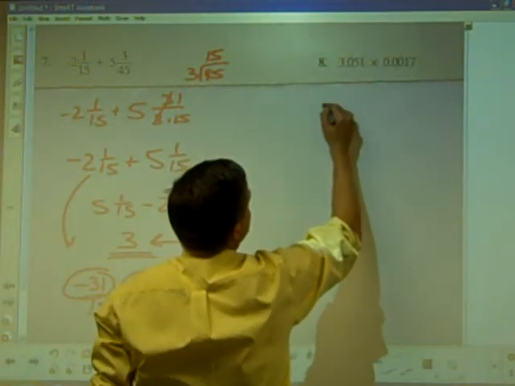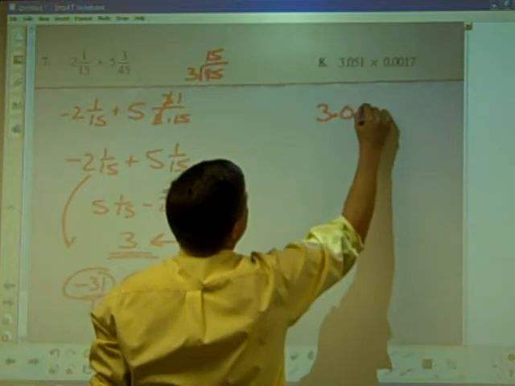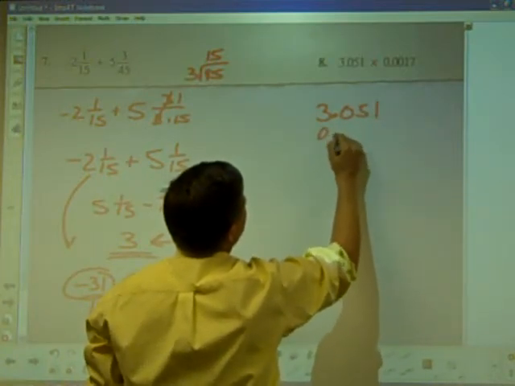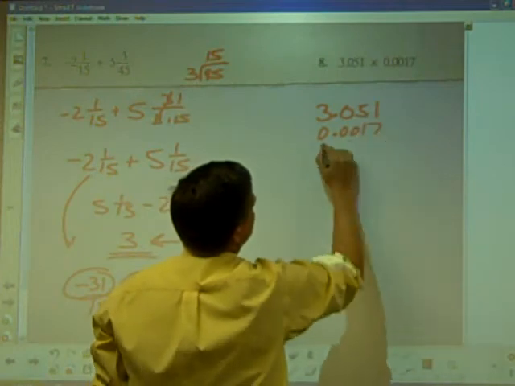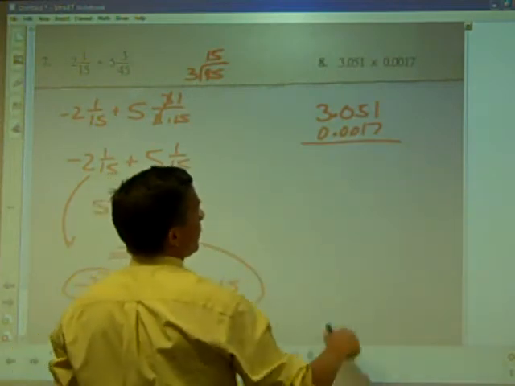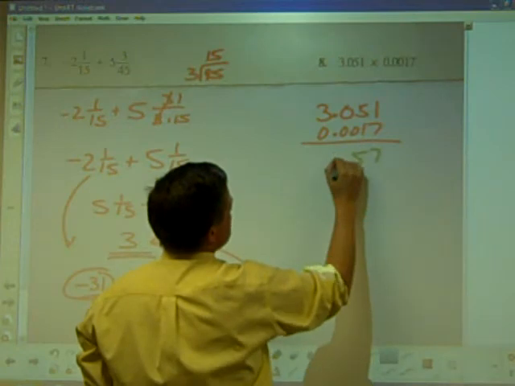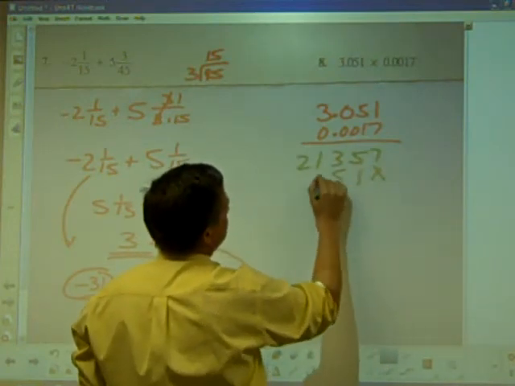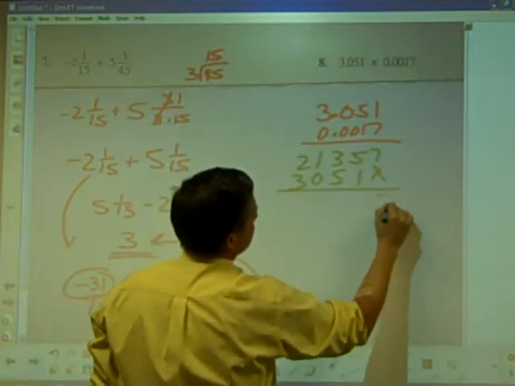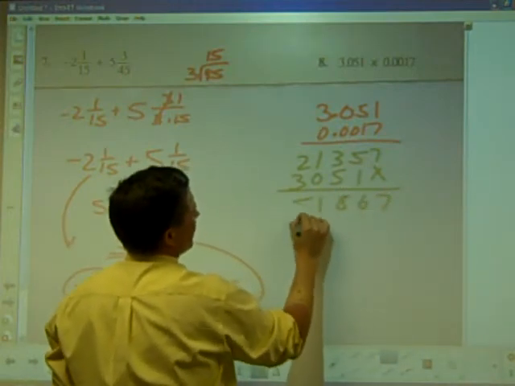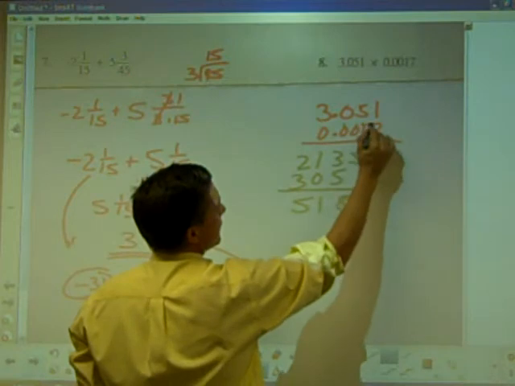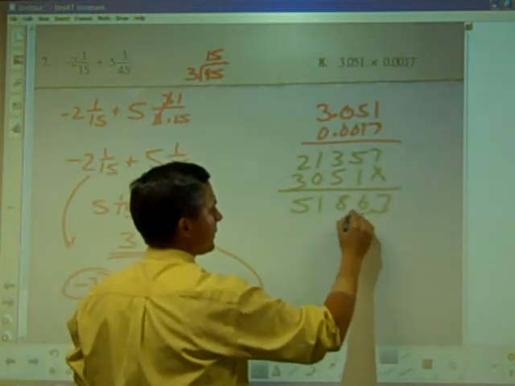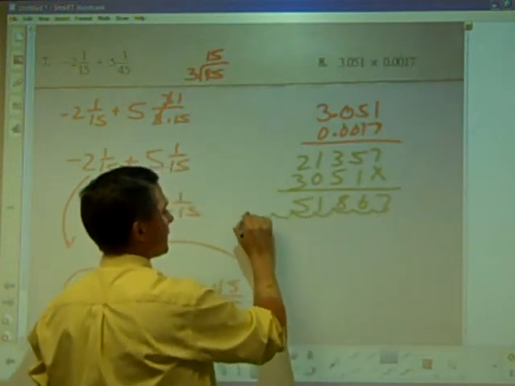Number 8, again, is a multiplication problem. I want to write this as this. If I multiply by the 7, I get 1, 2, 3, 4, 5, 6, 7 decimal places because I treated them like wholes. 1, 2, 3, 4, 5, 6, 7.